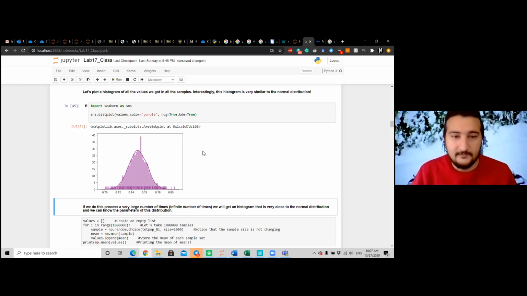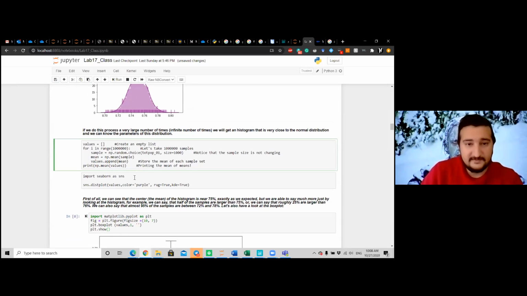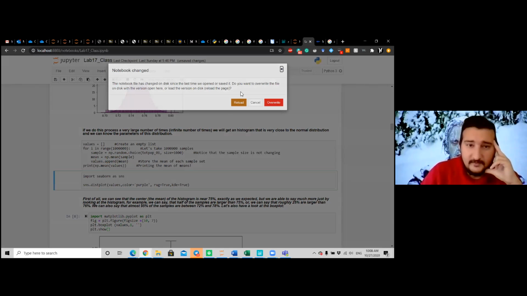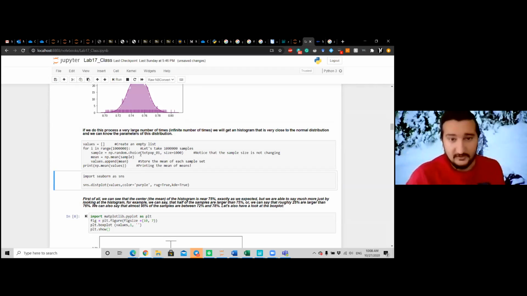Okay. Let's assume, do not run this, and I will tell you why. Let's assume that we want to increase the number of our samples. So instead of 10,000, we want to go for 1,000,000 samples. If you notice, I've turned these two into raw cell types rather than code because I didn't want you to run them by accident.